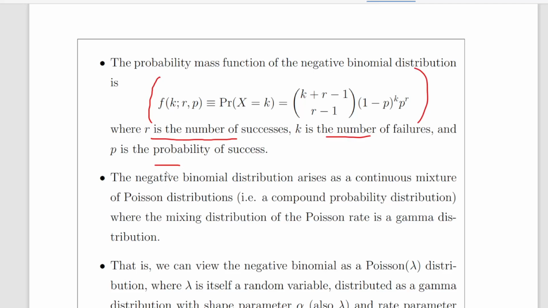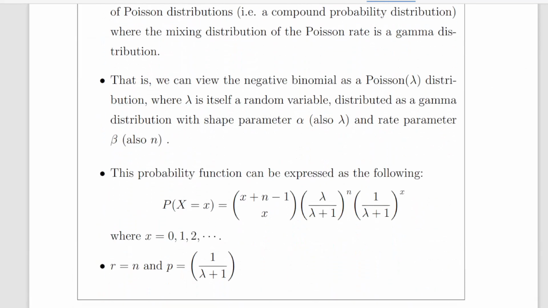Just as a quick remark, there are multiple specifications of the negative binomial distribution. There's one that's particularly used in the context of Poisson-Gamma mixtures, this one here. But just be careful about which is which. So we can view the negative binomial as a Poisson random variable with a rate parameter lambda, where lambda is itself a random variable.